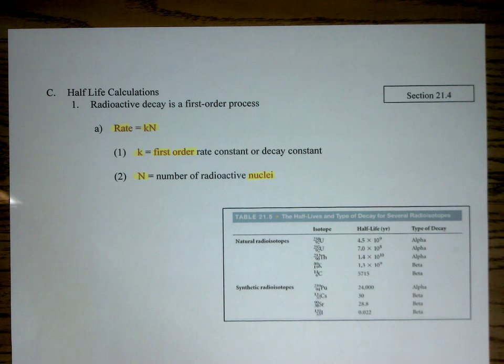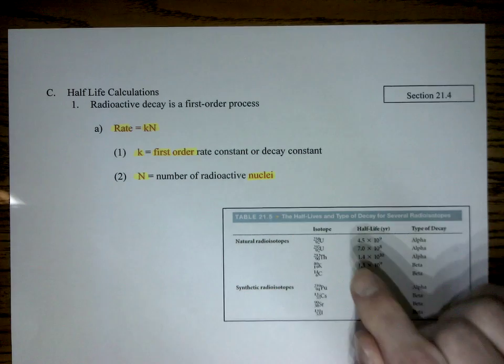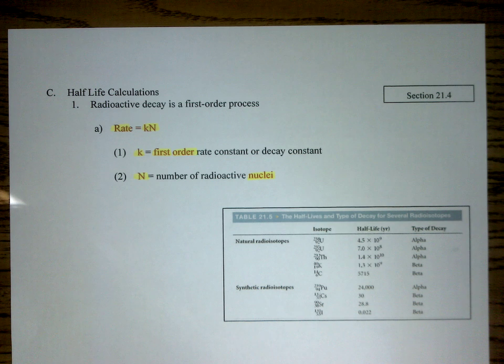Okay, now most of the time we're going to use the nuclei as our amount of substance that we have. If we put this formula, and we've done this before, and we derive it into the integrated rate law, it's much, much more useful for us.